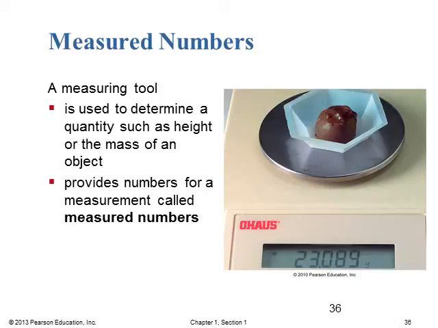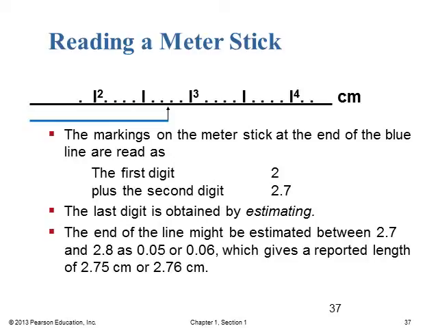But we use different measuring tools in order to come up with measured quantities such as height or mass. And since we are using a tool to measure these numbers, they are called measured numbers. So when we're not using digital measurement tools, we ourselves are measuring them.